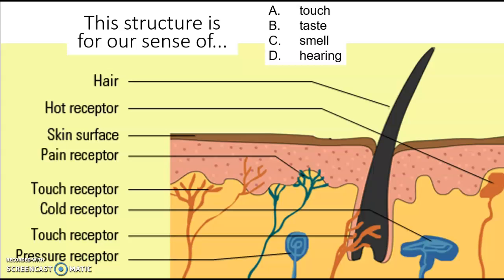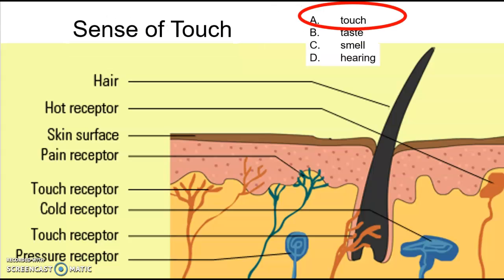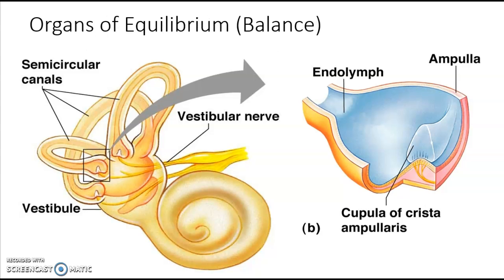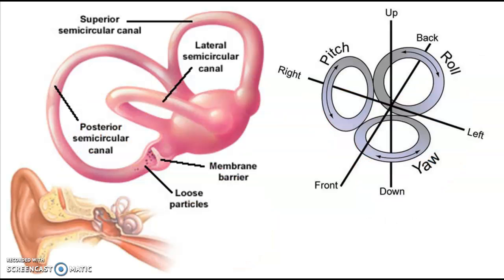This is a diagram showing our sense of touch, hot, cold, pain, pressure. This is our sense of balance, the semicircular canals. Notice how they are orientated in 3 different axes, which help us to maintain our balance.